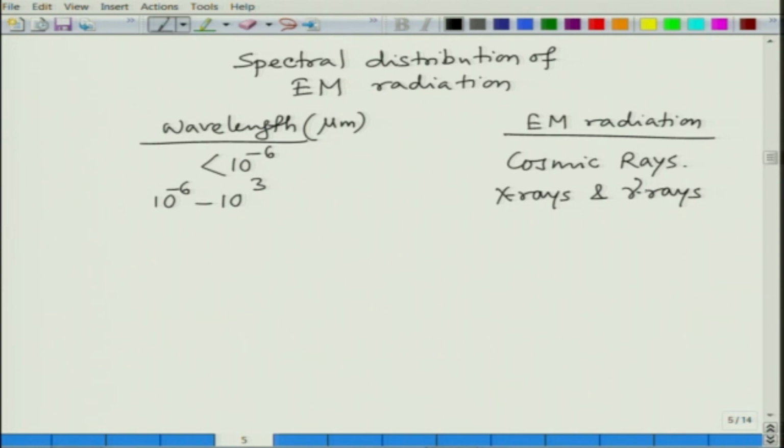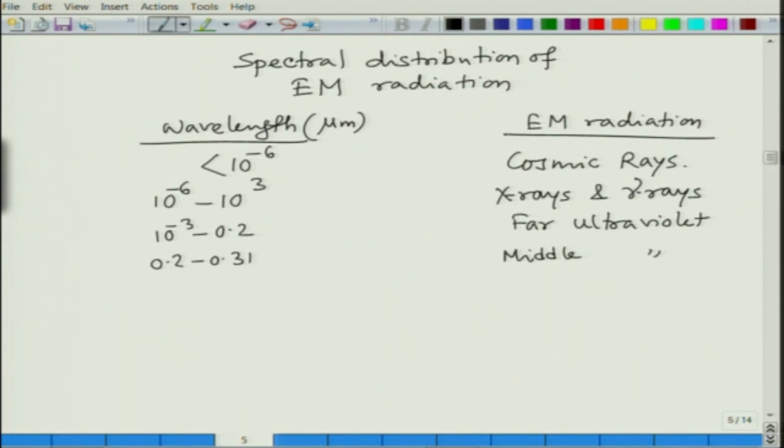Okay. Now, what we get in the next stage is the ultraviolet rays, and ultraviolet rays are also subdivided into a few. So, first we get the far ultraviolet, then we get middle ultraviolet, and what is the range for that? This is the range for middle ultraviolet, and what we call near.